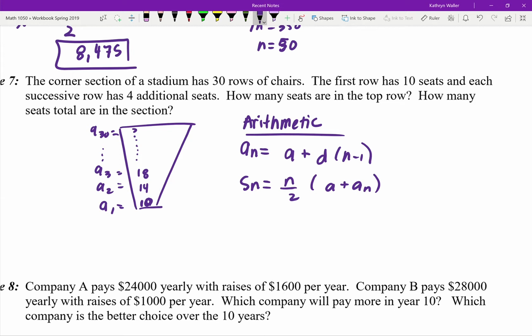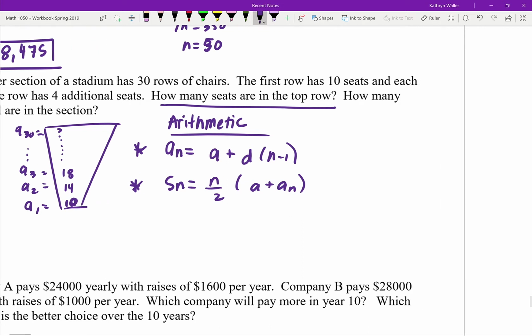Read the first question. How many seats are in the top row? So listen, are we looking for a specific term, or are we looking to add the terms together? Which one is it? It's the top one. It's a specific term. It's a specific row, the 30th row. Okay, so it's going to be the top formula.